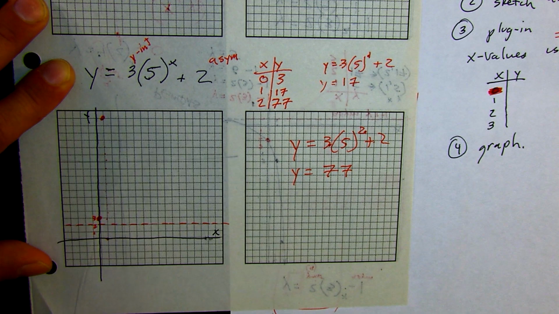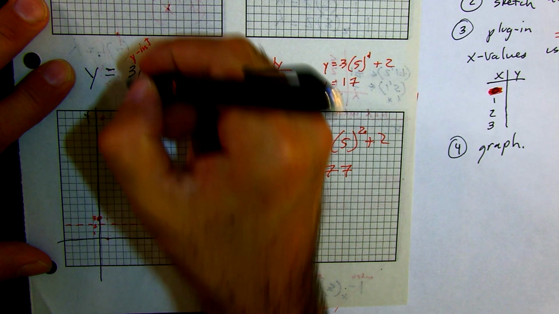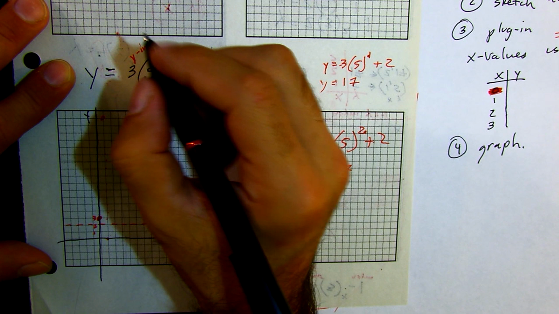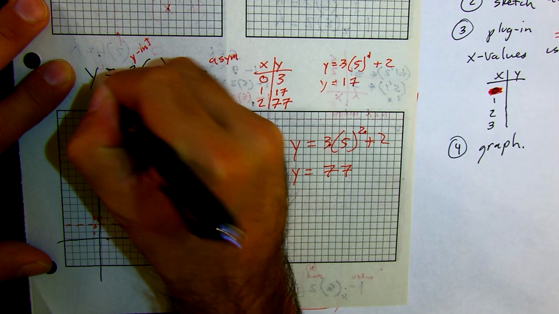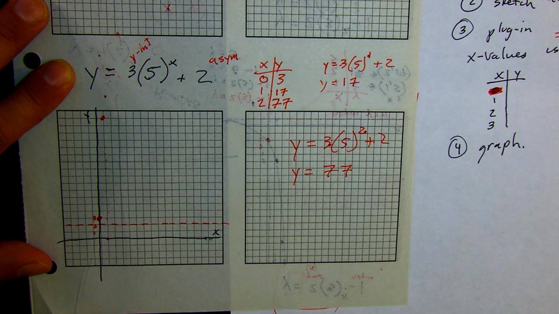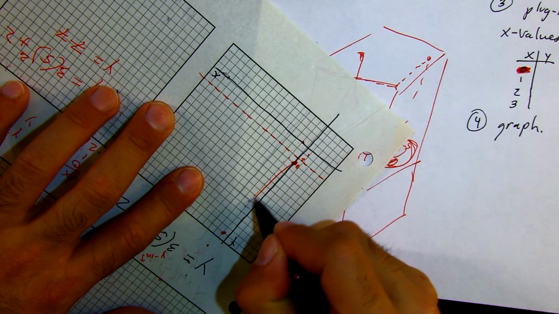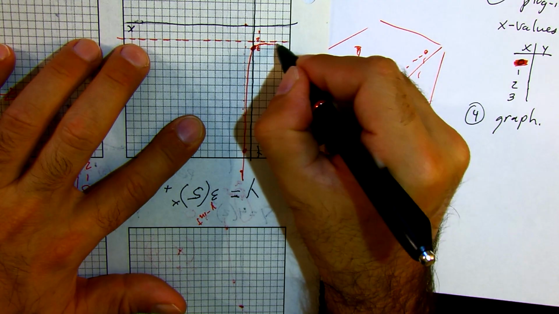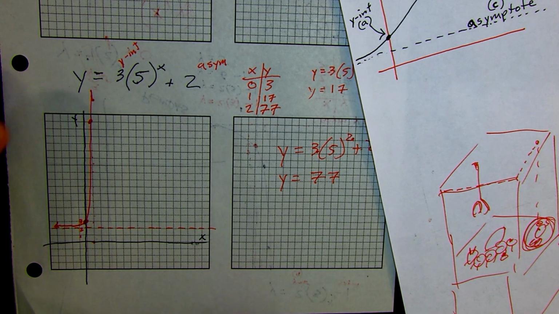The next one is 77, which is going to be way up here. I'll assume it's going to be really close to vertical. That's probably the best I can pull off for this one. I would need to use Desmos for that.